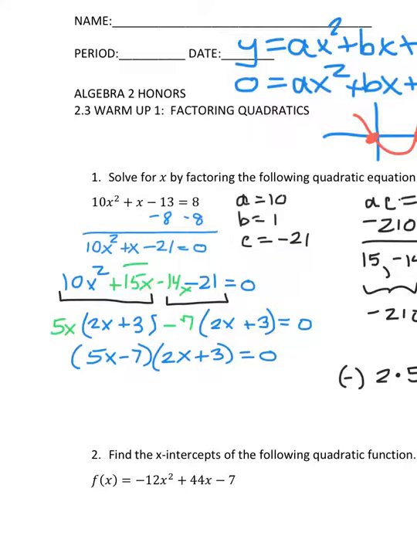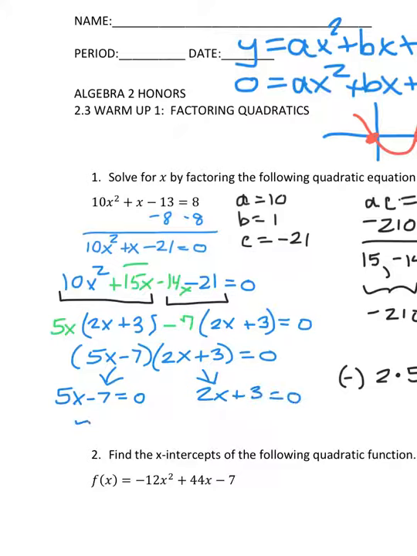Now, the zero product property says that if I'm multiplying two things together and I'm getting 0 out, then one or both of those two expressions must be equal to 0. And that's what allows us to put each of these factors equal to 0, and then it becomes quite an easy equation to solve.